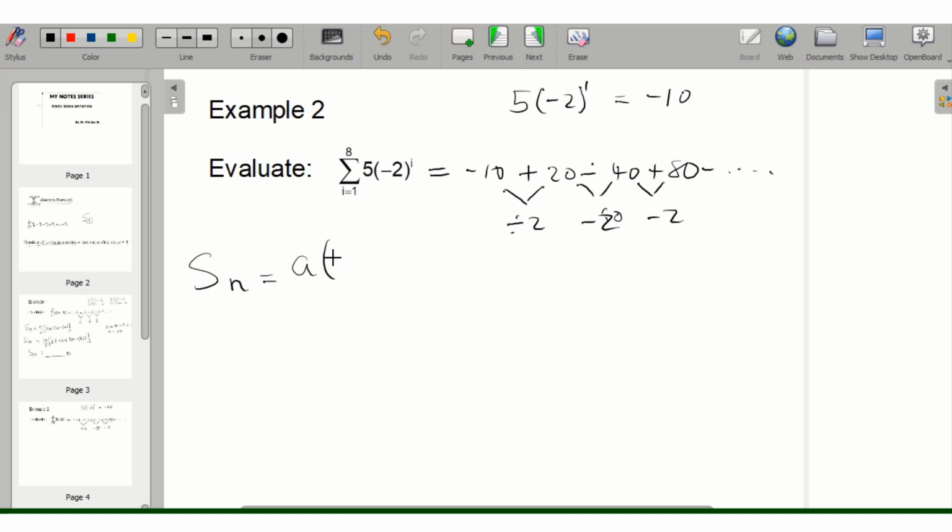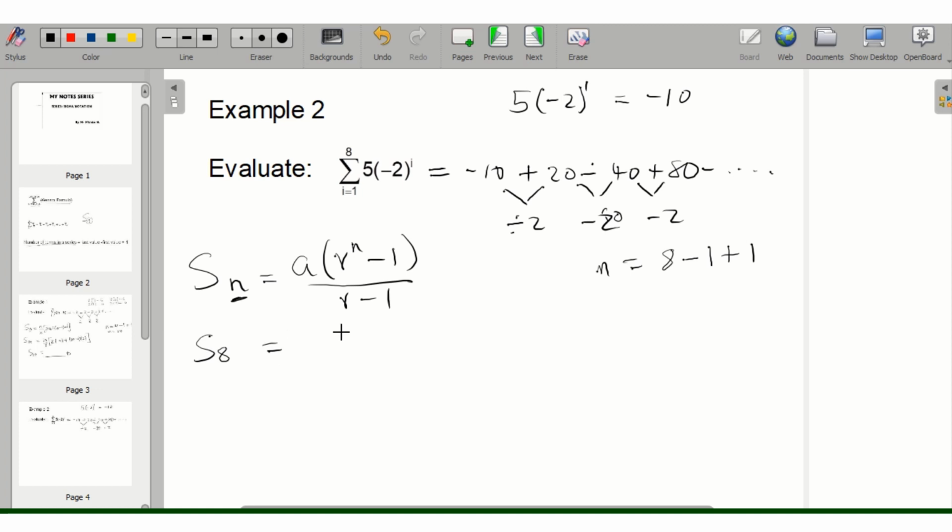Because we are dealing with a geometric series, we can use either of the two formulas. Now again, we need to find how many terms we are adding. So n is the top value minus the bottom value plus 1. So again, that will give us 8.